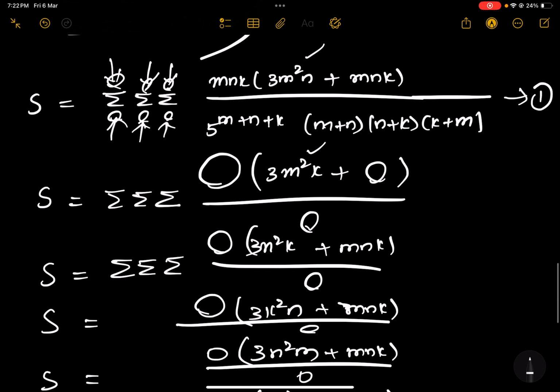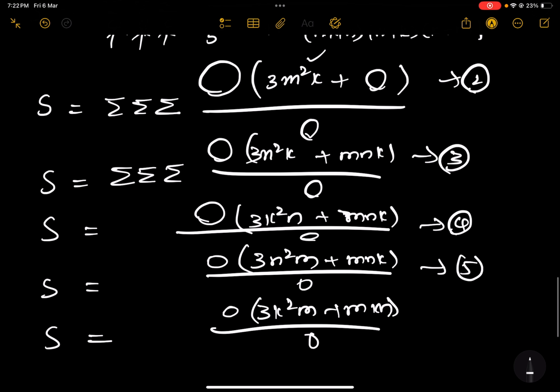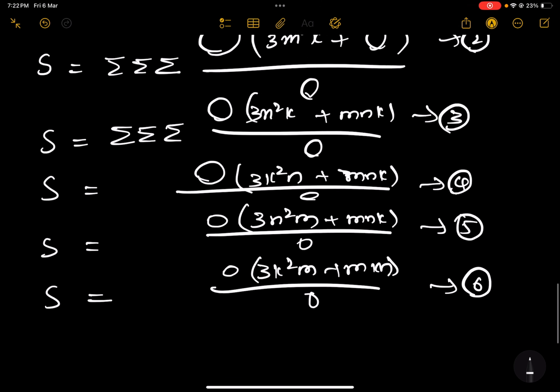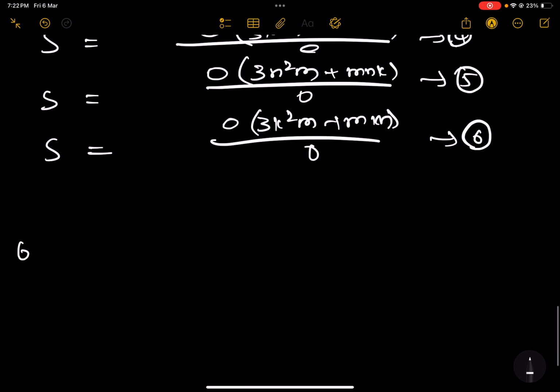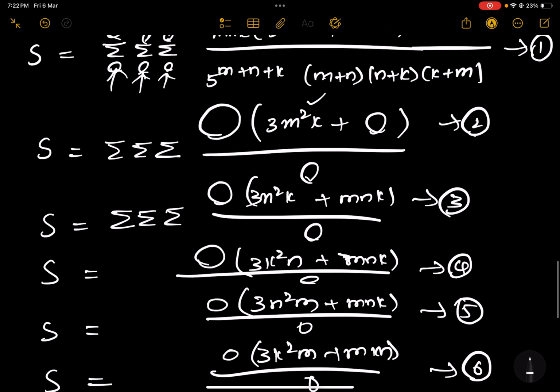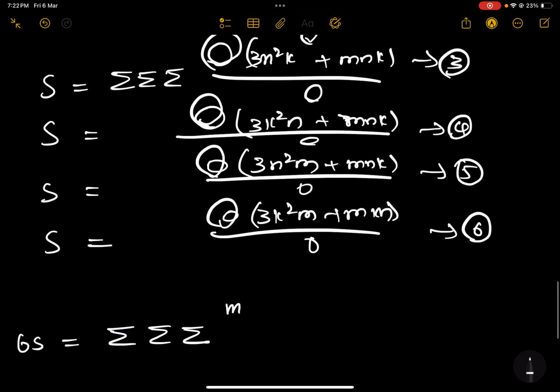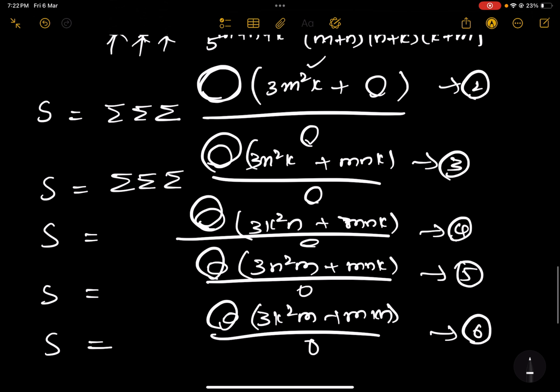Now let us say this is your first equation, this is your second equation, this is your third equation, this is fourth, this is fifth, and this is sixth. Now add all the equations. Then on the left hand side you will get 6S, on the right hand side you will get triple summation. So this particular term is m n k in all the summations, so that will be common in the numerator, m n k, and we have to add these brackets.